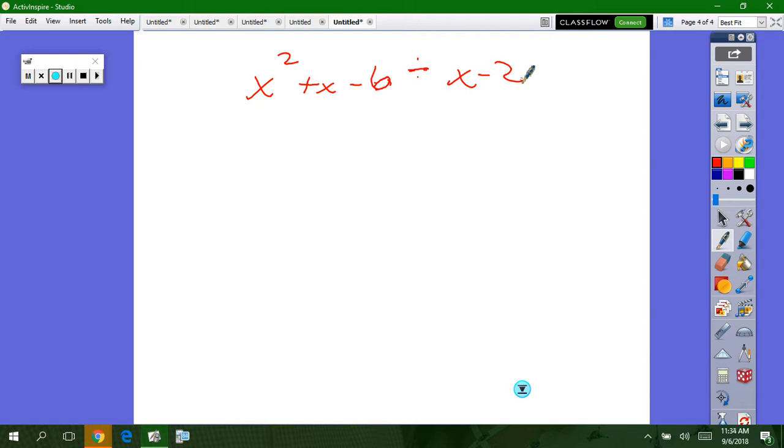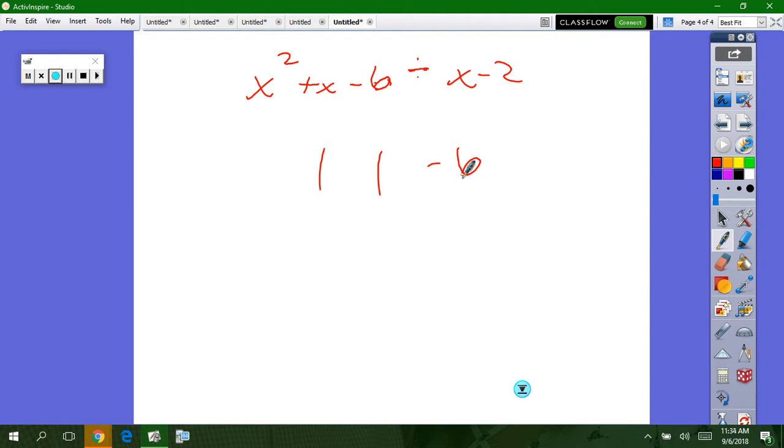What are the coefficients of my quadratic? 1, 1, negative 6. Not just my leading coefficient, all my coefficients of the quadratic. Does that make sense to everybody where the 1, 1, negative 6 came from? I have the leading coefficient, which is 1, in front of my quadratic term. I have a 1 in front of my linear term, and then the negative 6, which is my constant. Does everybody understand where I'm coming from there?